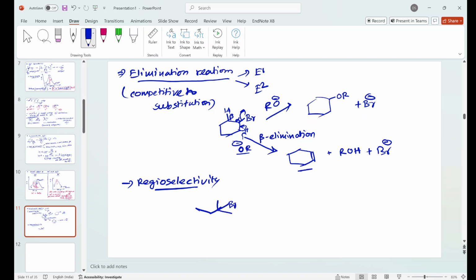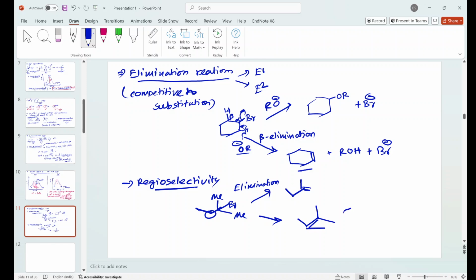Like bromo, then methyl, methyl, and you have also this methylene group here. So if you do elimination, you can end up with either of these products, either this one or this.